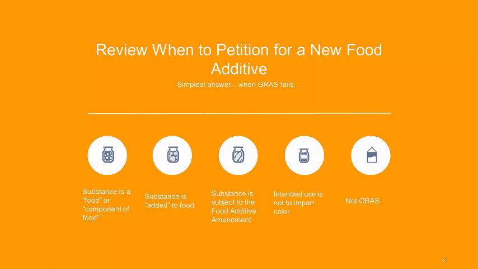You're listed, you have a common use in food prior to January 1st, 1958, or there are published studies showing a consensus among scientists that the substance is safe. You have one of those three bases to provide GRAS, and if any of those three fail, then you're here, and you're going through a food additive petition, and you're trying to figure out, is your substance going to gain approval through this process?